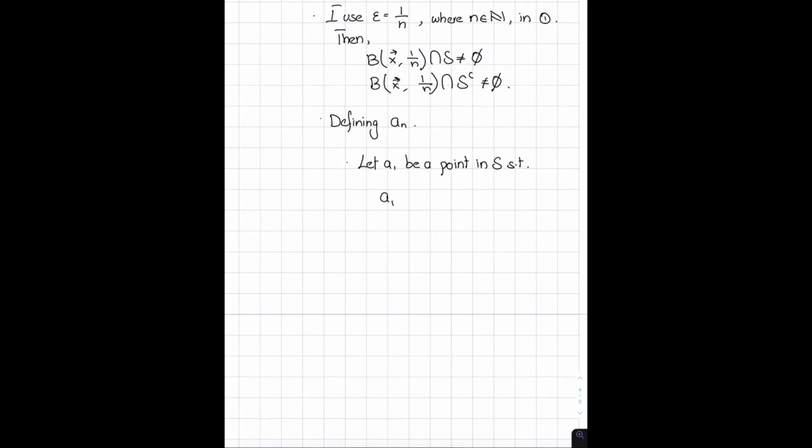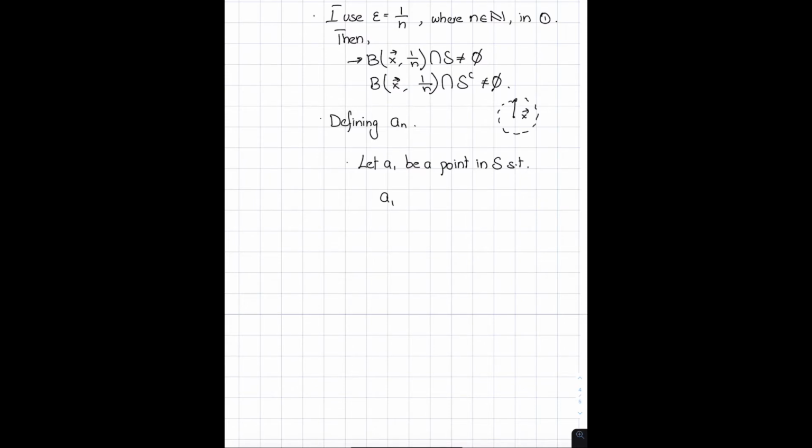So essentially, what this part is saying is that if you have a ball centered at vector x of radius 1 over n, then there are always elements of S that lie in that ball. And what I'm saying is, pick a sub 1 that lies in that ball.